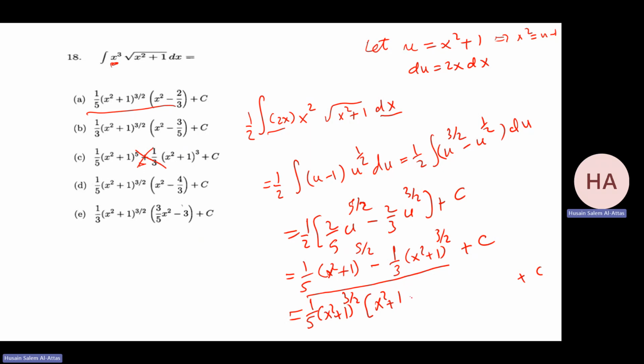And there I have 5 over 3, since multiply, get 1 over 3 plus c. So it will be 1 over 5 x squared plus 1 to the power 3 over 2 times x squared minus 2 over 3. Don't forget plus c. So I change it into a product.